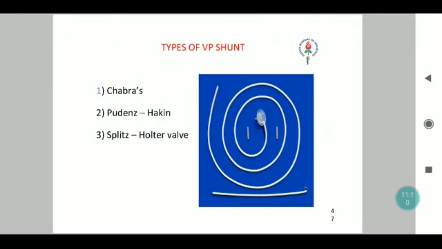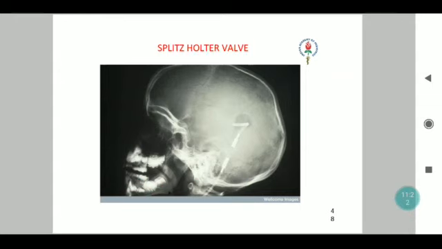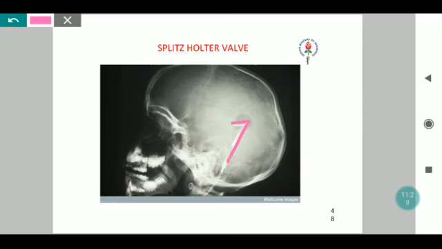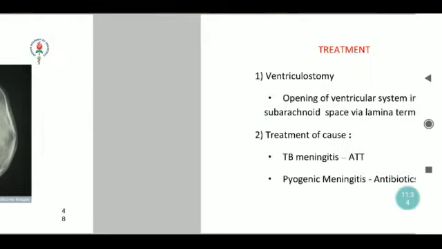It's important to know the names of the different ventriculoperitoneal shunts which are available. One is Chhabra's, the second one is Pudenz-Hakim, and the third one is a Spitz-Holter valve. If you see the Spitz-Holter valve, you can see it in situ in this image, right here. This valve has a role to ensure that the cerebrospinal fluid motion is regulated.